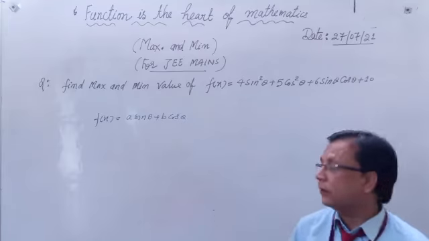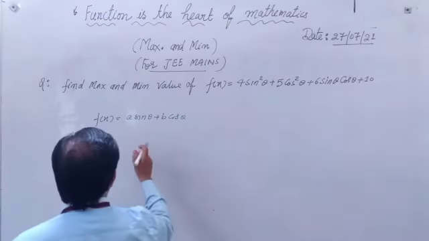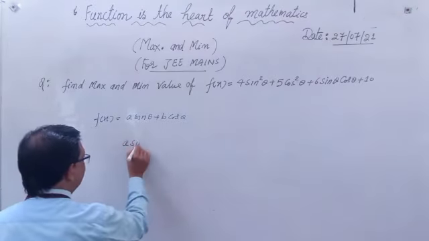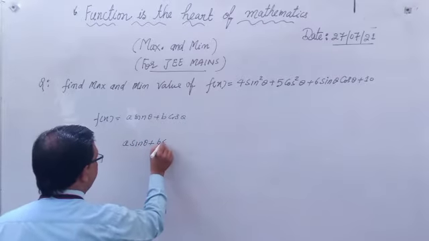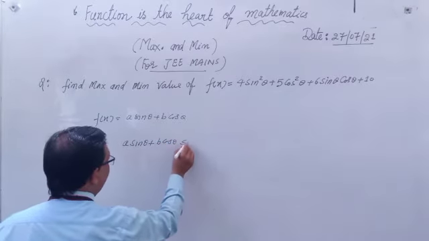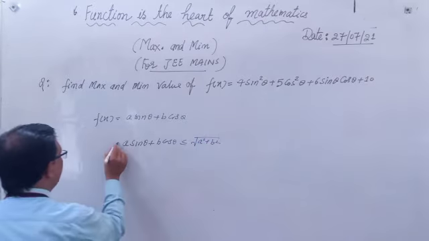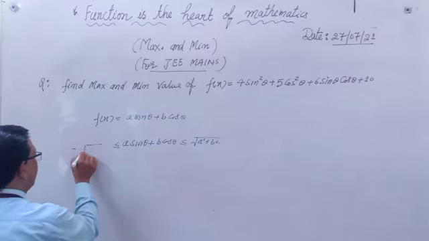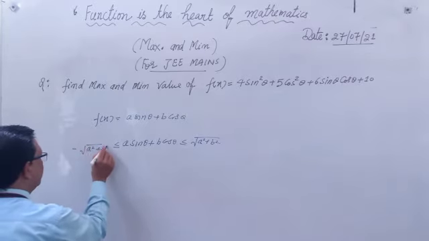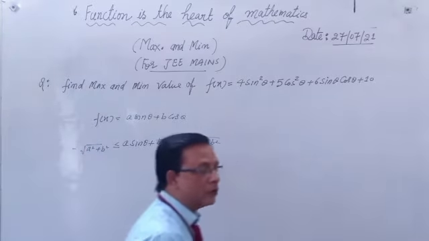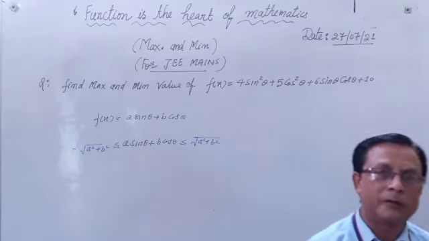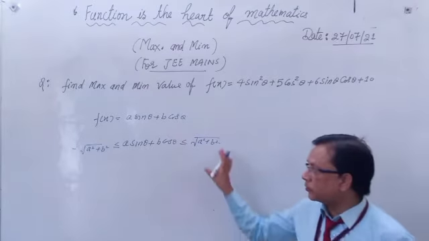Always remember in your mind that a sin theta plus b cos theta is always less than or equal to root a square plus b square, and greater than or equal to minus root a square plus b square. This is a very good concept for maxima and minima, and today's question is based on this concept.